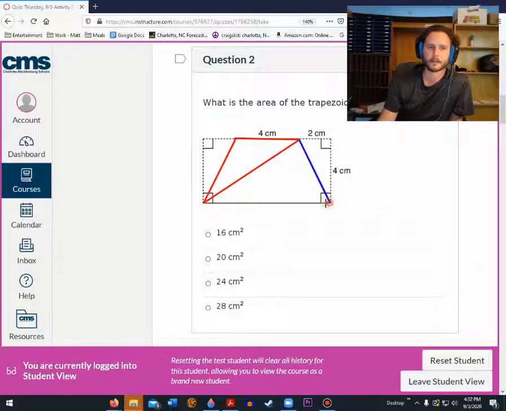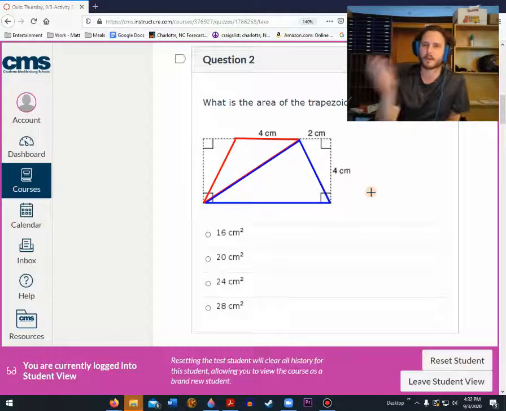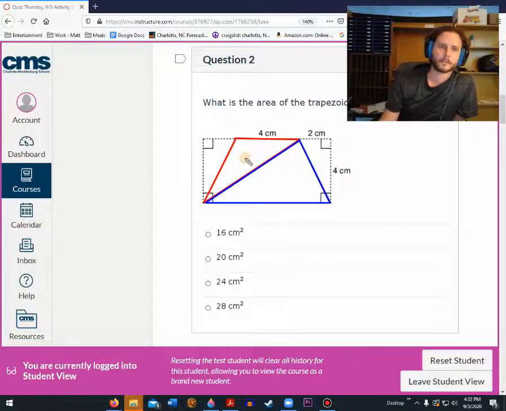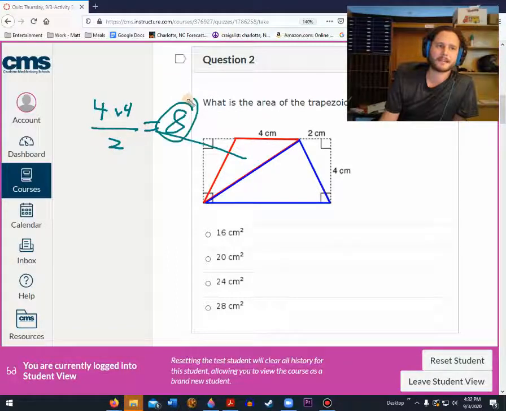My other triangle is going to be right here, and it's going to be in blue. They do share a line, but that's okay. They overlap. Now, for this red triangle, we have a base of 4 centimeters, and our height is going to be 4 centimeters. We can use that 4 on the end because we can see it is clearly the height of that red triangle, even though it is slanted. So this triangle will have an area of 4 times 4 divided by 2, which gives me an area of 8 centimeters squared for that triangle.